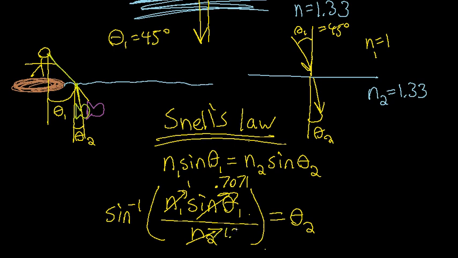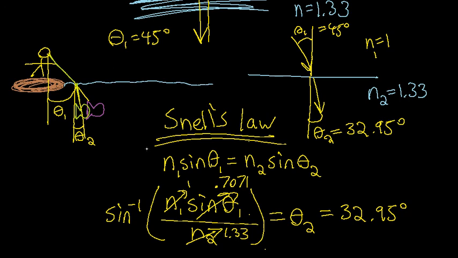This index is 1.33. When you do the inverse sine of this, inverse sine is generally just something you look up in a table or look in a computer program. The angle in the water is 32.95 degrees, or a shallower angle.